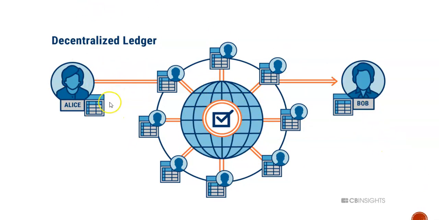And not only Alice and Bob, everyone else will not be able to change anything in the ledger, because even if they change, they'll be successful in changing only their own ledger and not others' ledgers. Hence, it is highly impossible to forge data in a decentralized ledger.